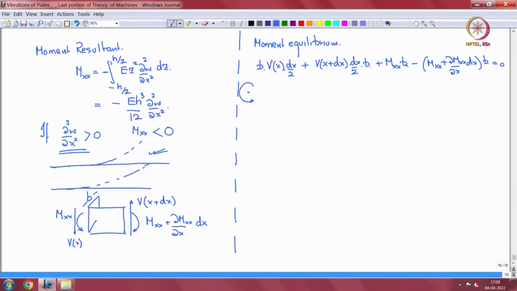If you sort this out, I will get Vx is equal to del Mxx by del x. This is one equation you will get.